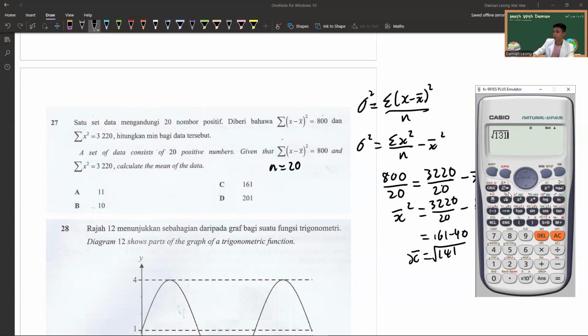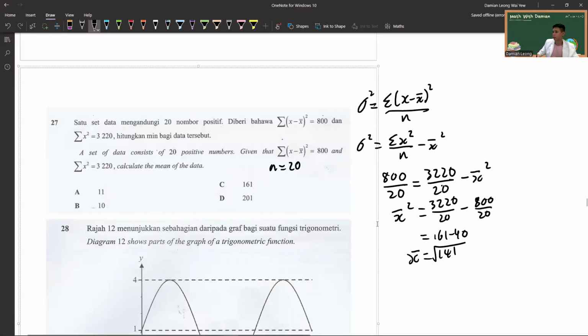Square root of 141, we get 11.87. Okay. Sorry, my bad. 161 minus 40 is 121.